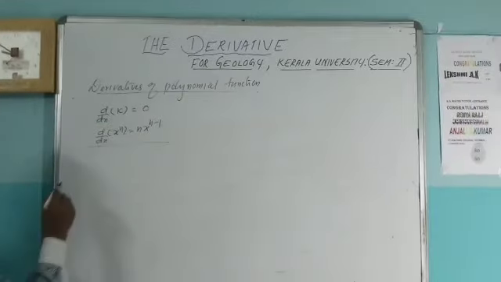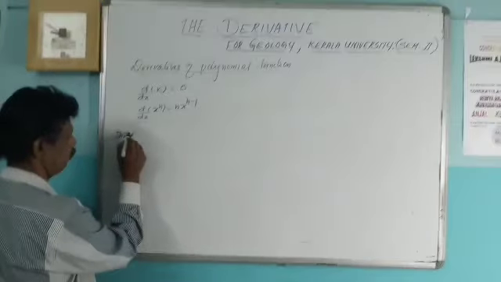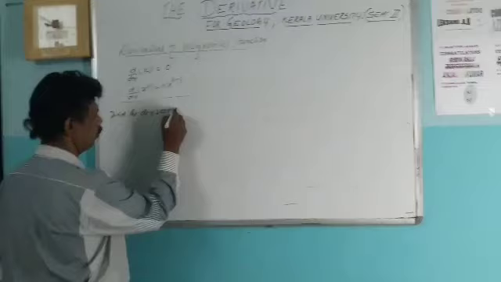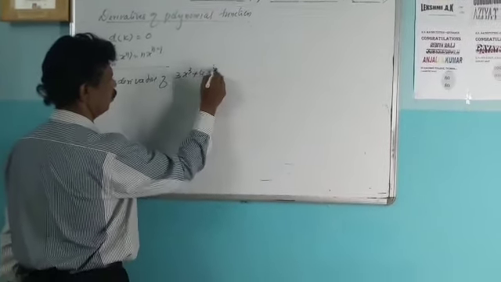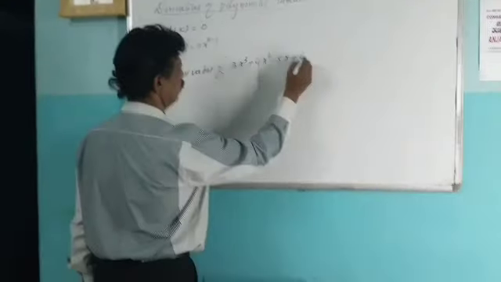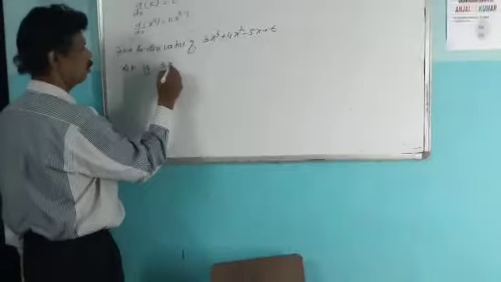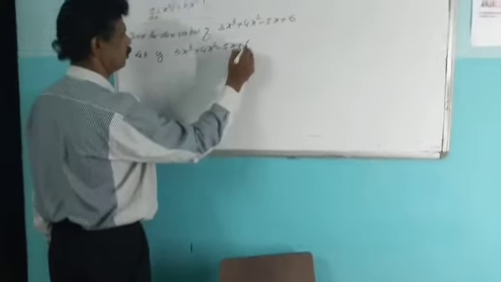Let us pass to some problems. Find the derivative of 3x³ + 4x² − 5x + 6. Let y equal to 3x³ + 4x² − 5x + 6.